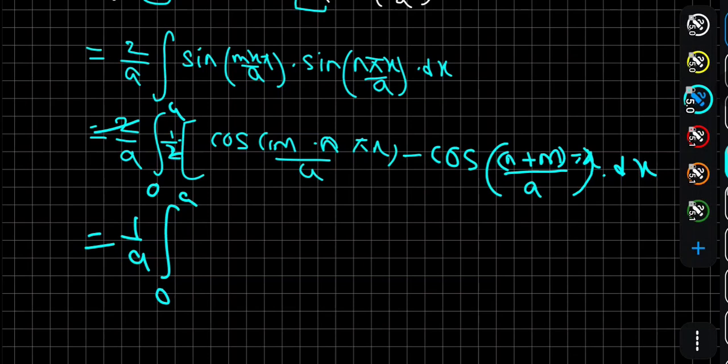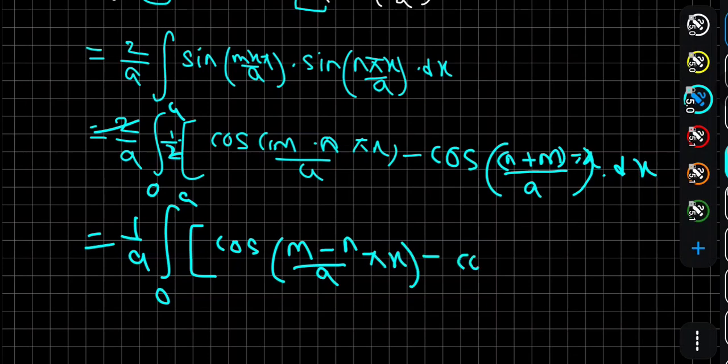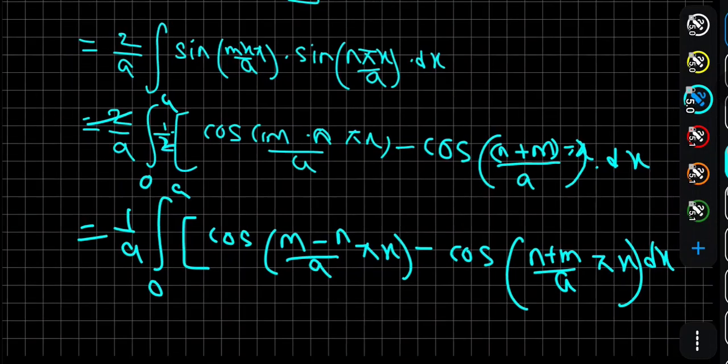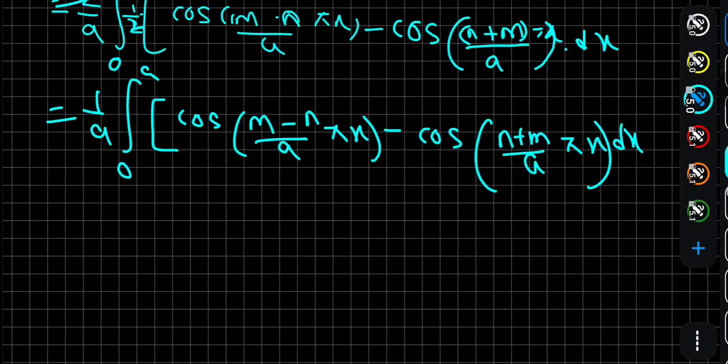So we have 1 by a times the integral from 0 to a of cos of (m minus n) pi x by a, minus cos of (n plus m) pi x by a. Remember, pi x is for both m and n, not only for a single one. This is quite an easy integral.